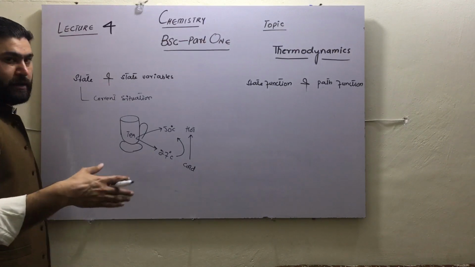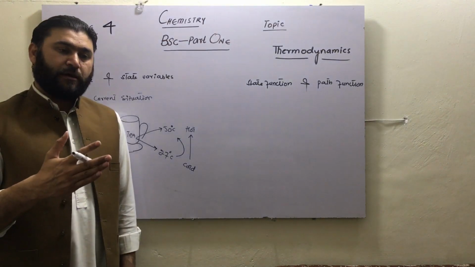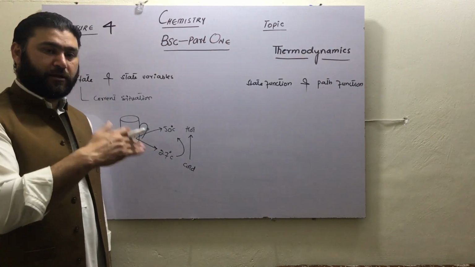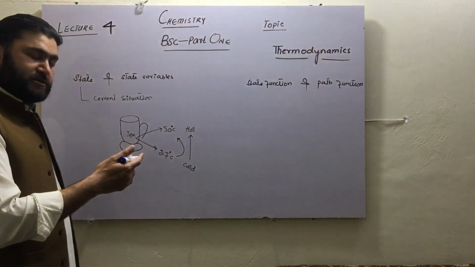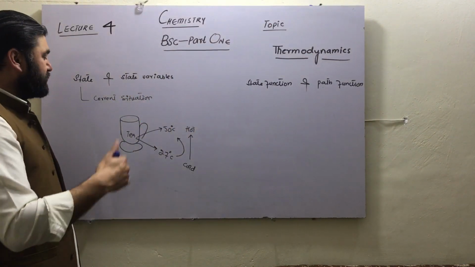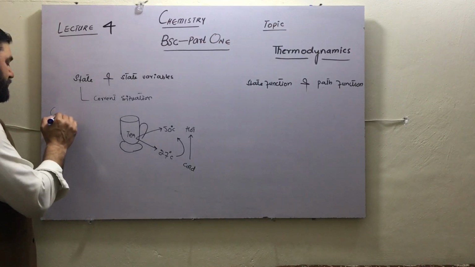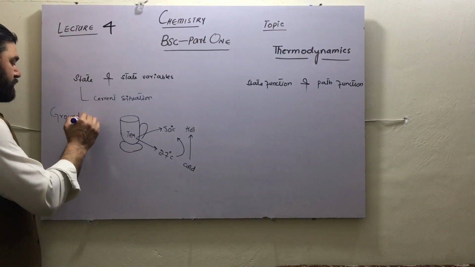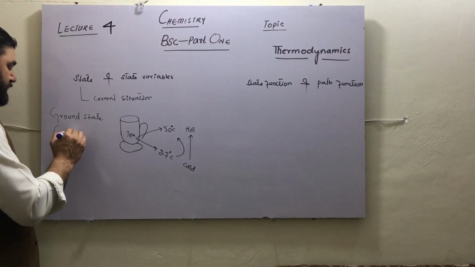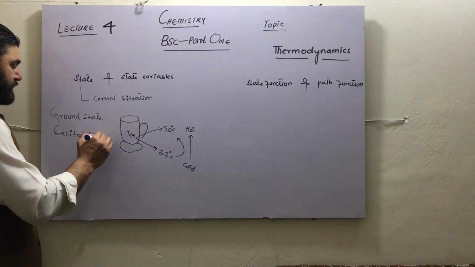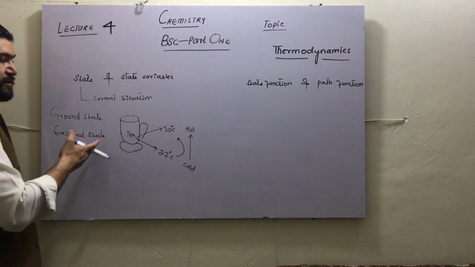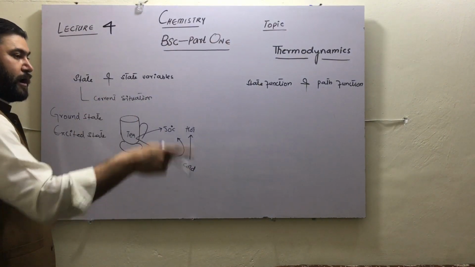In electronic configuration we have discussed ground state and excited state. Ground state means the normal state, and when we provide energy and the electron jumps from a lower atomic orbital to a higher atomic orbital, we say it is in the excited state. So ground state is when the energy is low, and excited state is when the energy of the electron is high and it is in a higher energy orbital.